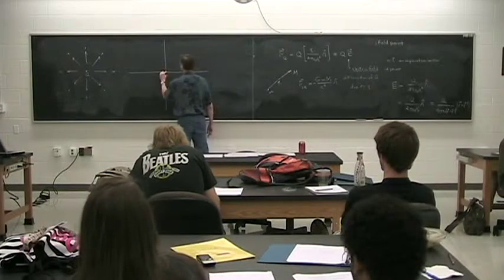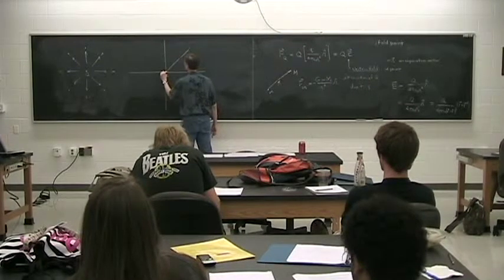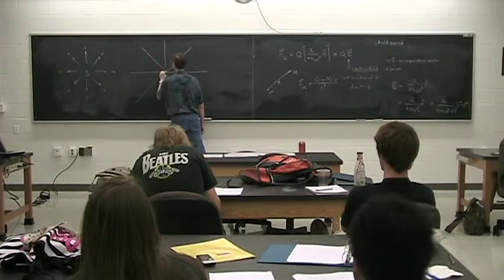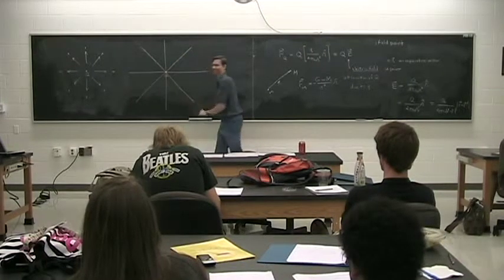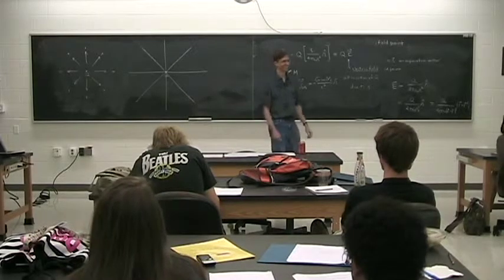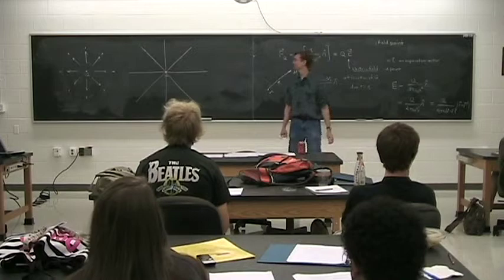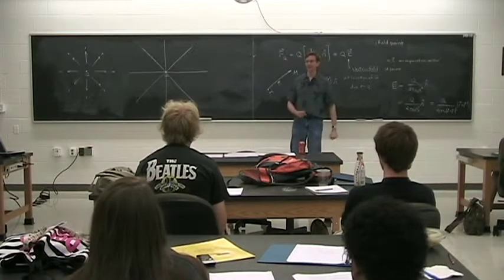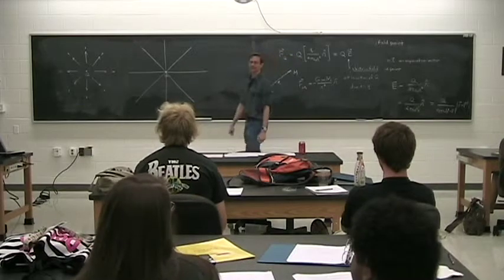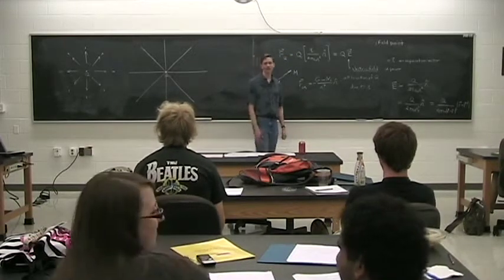Now, how many field lines does the charge have? 42, that's correct. There are 42. No, in fact, there are an infinity of field lines, which would get kind of tedious to draw, so we draw a subset of them.